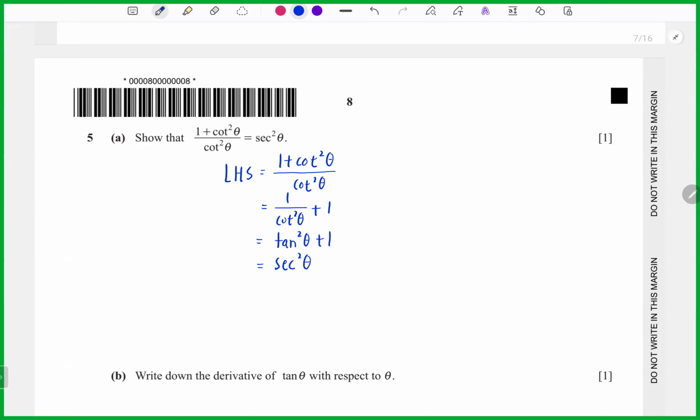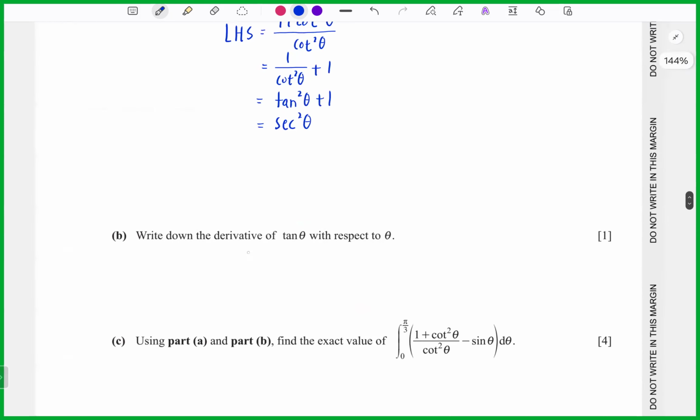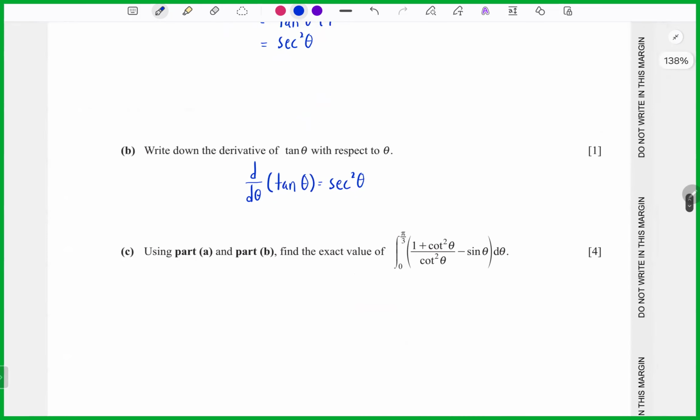So you already get it. Now let's look at B. Write down the derivative of tangent with respect to theta. Now we need to do the differentiation. So d over d theta of tangent will equal sec square theta. C, using part A and part B, find the exact value of the integral from 0 to 1 over 3 pi of (1 plus cot square theta over cot square theta minus sine theta).